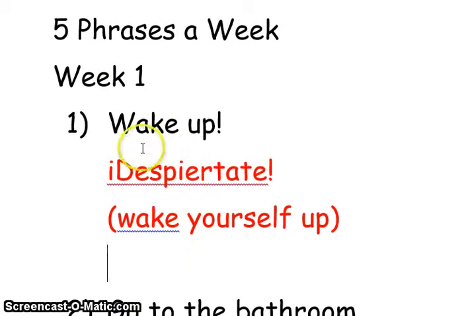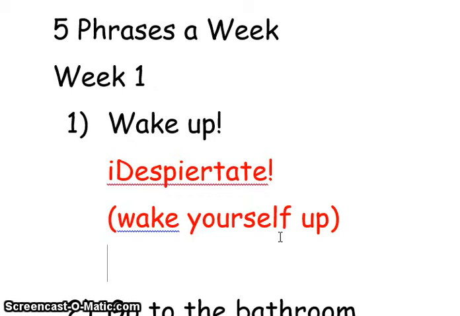So the first one is wake up, and it is despiértate. And it actually means wake yourself up. It's kind of funny the way Spanish is structured differently than English. That's why sometimes you hear a lot of people who have Spanish as their first language use double negatives.